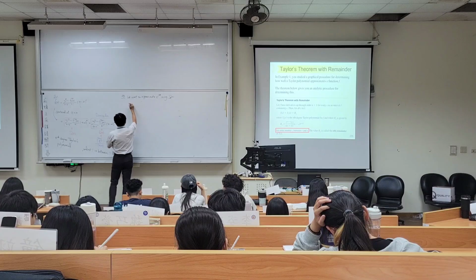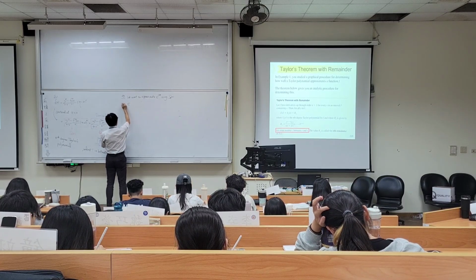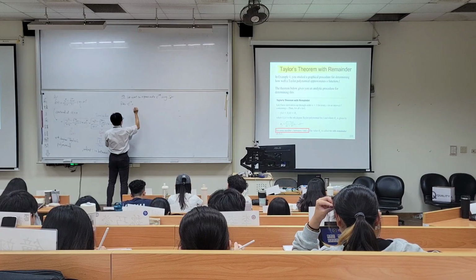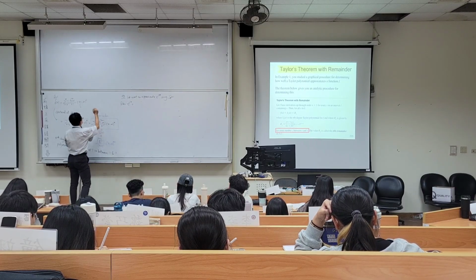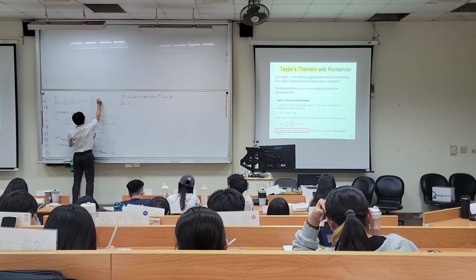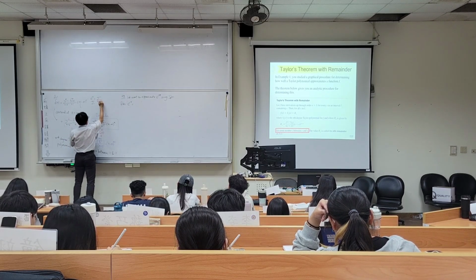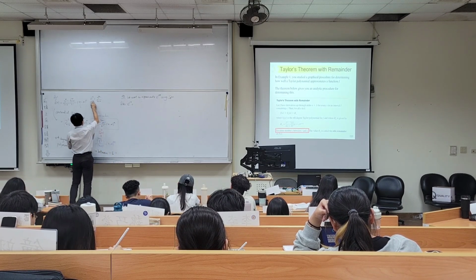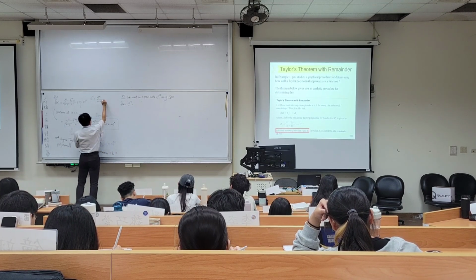First of all, let's see. If f of x is e to the minus x, then we do know that e to the x can be written as the summation n from 0 to infinity of x to the n power over n factorial. You can prove it on your own, it's not difficult.